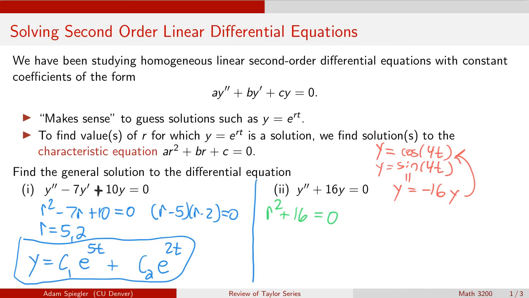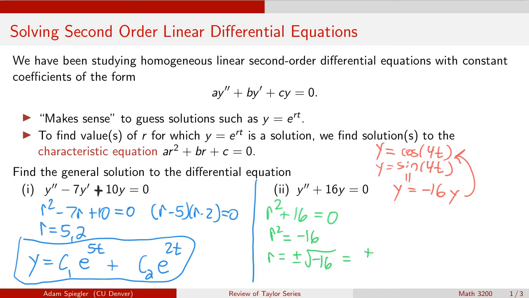And so this does not have a real solution, right? There's no real number that when I square it and add it to the positive number 16, we're going to possibly get 0. But we do have r squared is equal to minus 16. So therefore, r equals plus or minus the square root of minus 16. Those would be the roots of this characteristic equation.